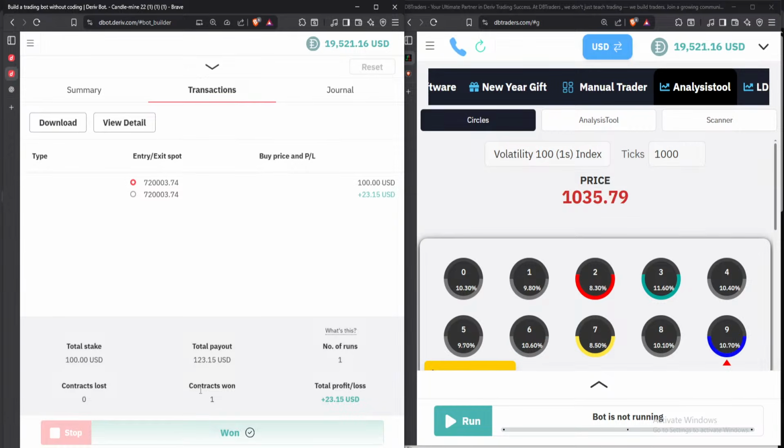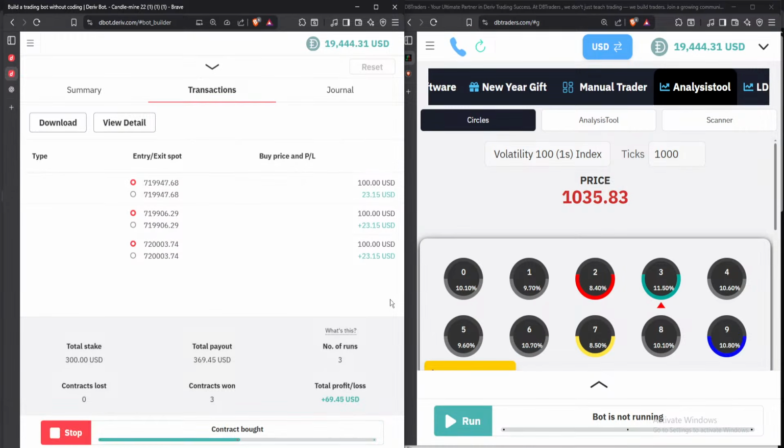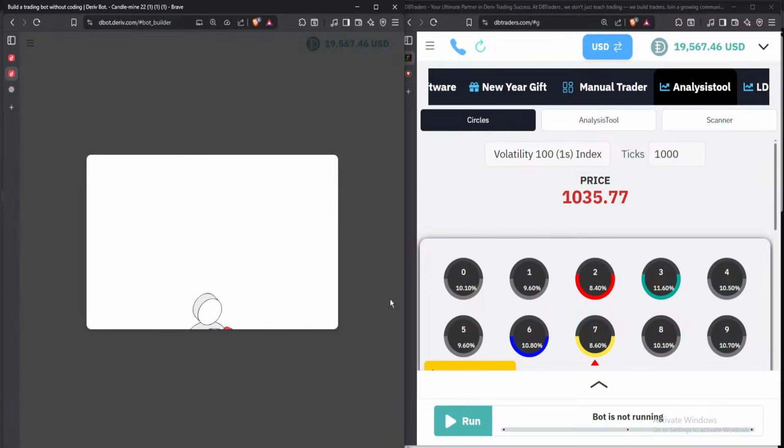So I'm thinking about shifting to a Martingale of 4 or 5. Let us wait and see. I've put a Martingale of 4 because now I want us to shift to 4 or 5.